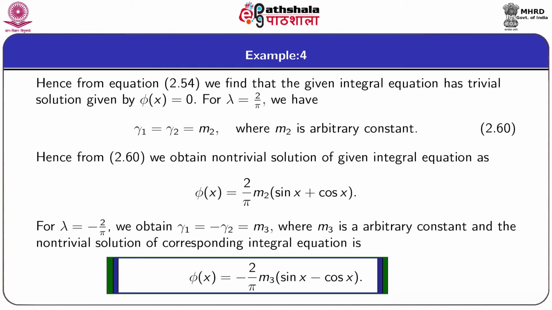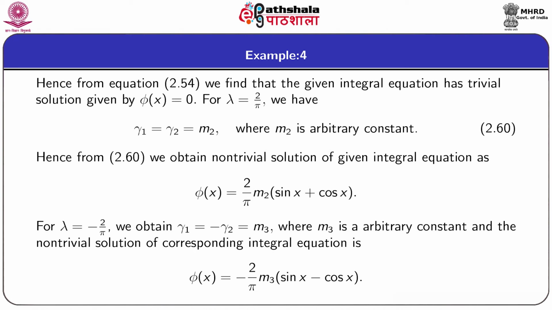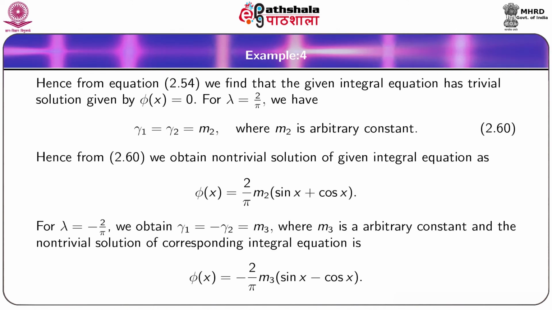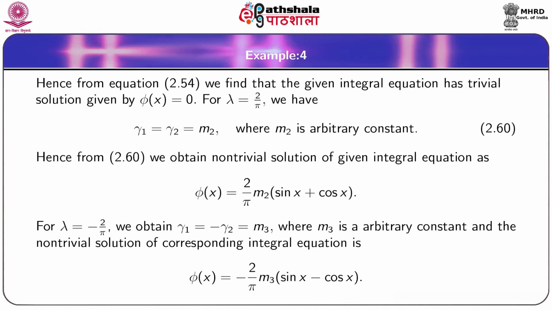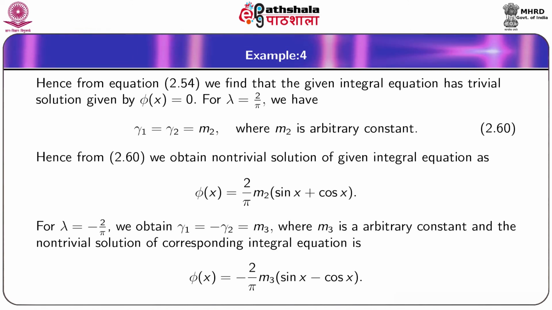Here m3 is an arbitrary constant. So, we have found non-trivial solutions of the given integral equation for two values of lambda equal to plus minus 2 by pi.